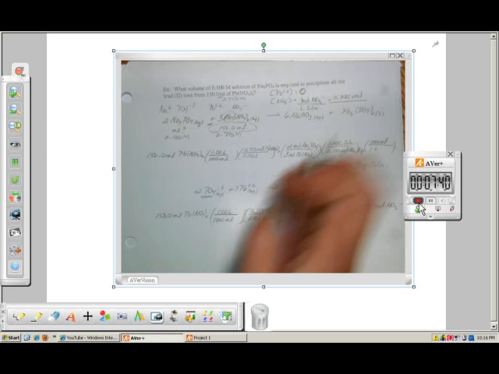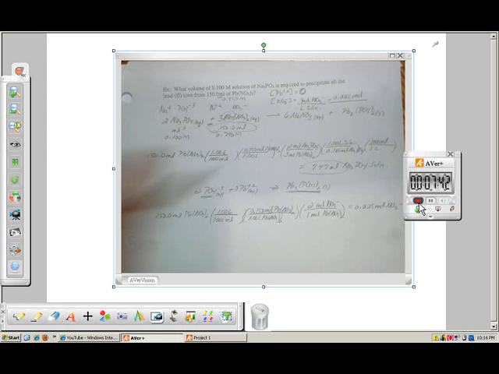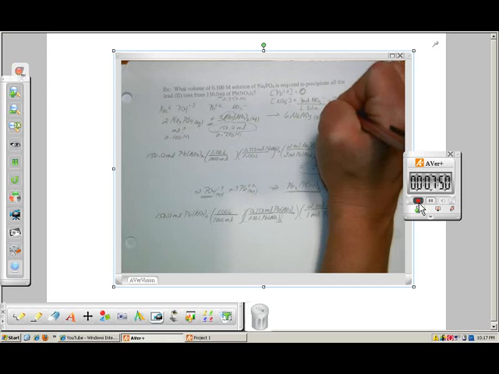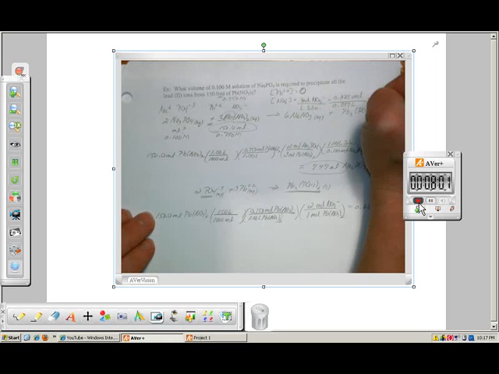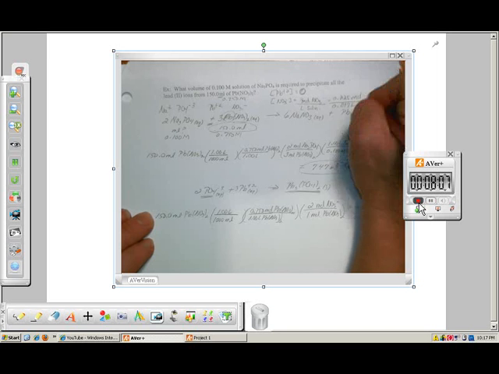What I need to do is add up my milliliters, and with sig figs, I get 897 milliliters. Then converting to liters, it would be 0.897 liters, which gives me a molarity of 0.251 molar nitrate in my solution.